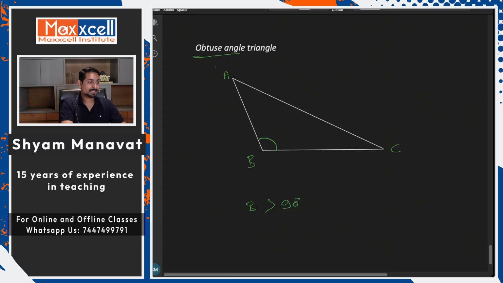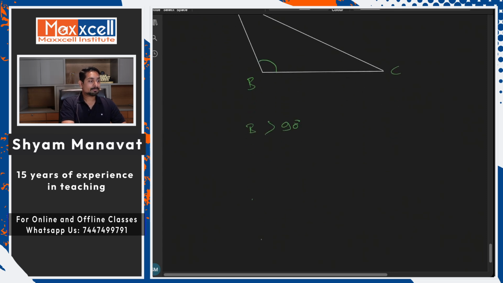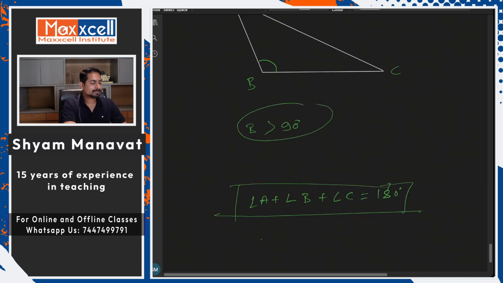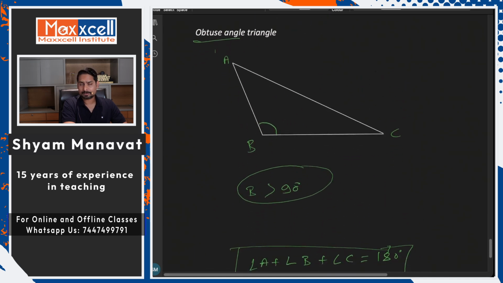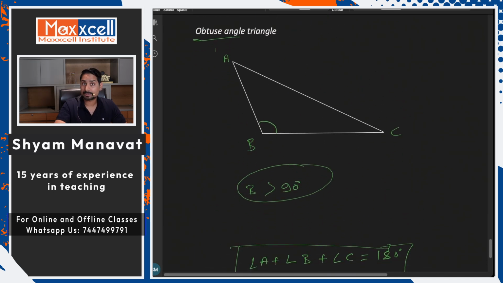What is the basic property of a triangle? The sum of all three angles of a triangle is equal to 180 degree. Understood, no? So one of the angles being more than 90 degree is enough. That is an obtuse angle triangle. No specific property for this. So here you have types of triangle based on sides and based on angles.